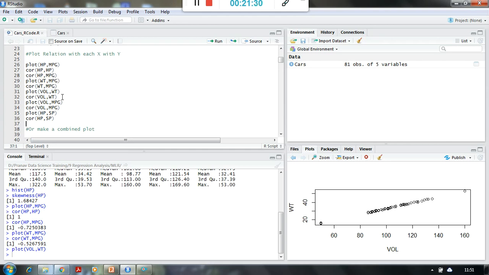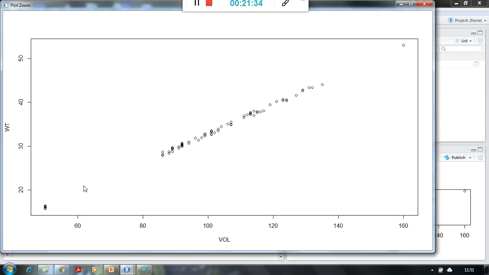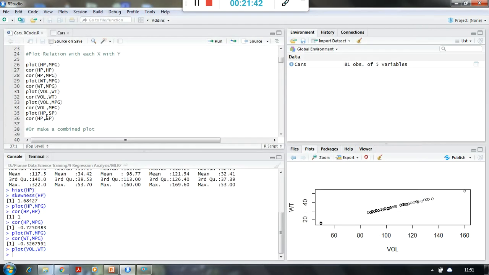And here, if we see, the volume and weight are having an extremely strong linear relationship. As volume is increasing, weight is increasing, which means our model assumption is going to fail over here.